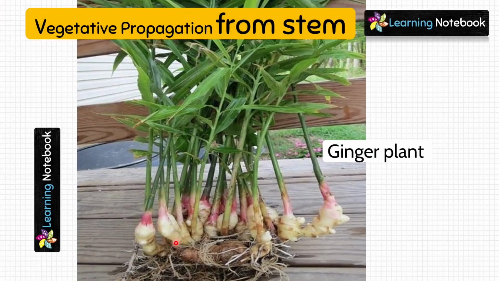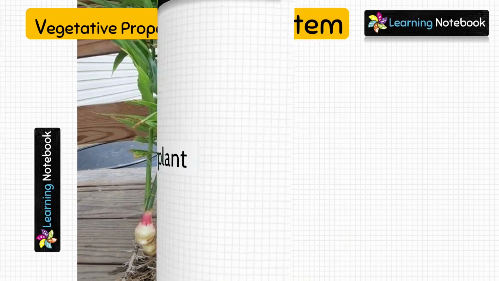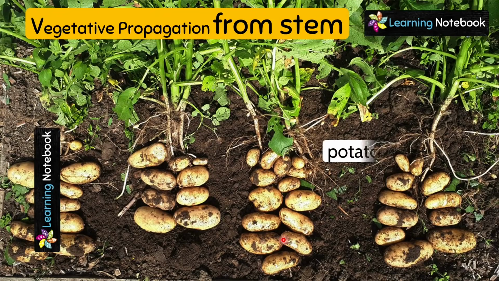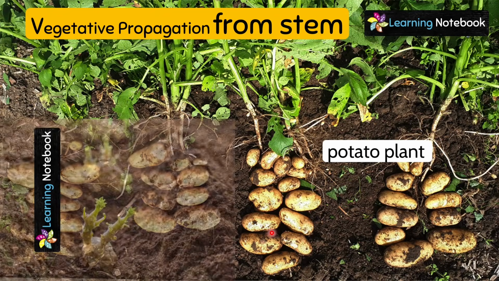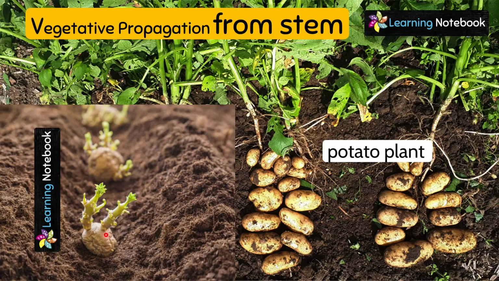Now look here, ginger is growing into a new plant, right? And similarly for potato also, these are potatoes. They also reproduce with the help of their underground stem. So this was vegetative propagation from stems.